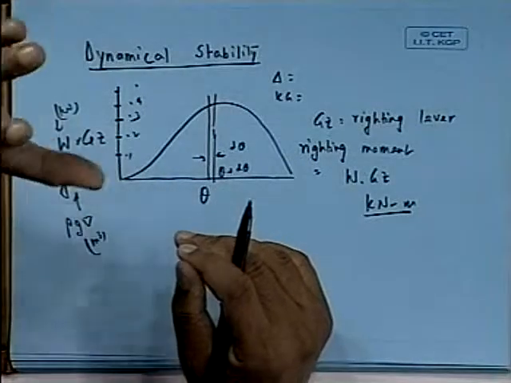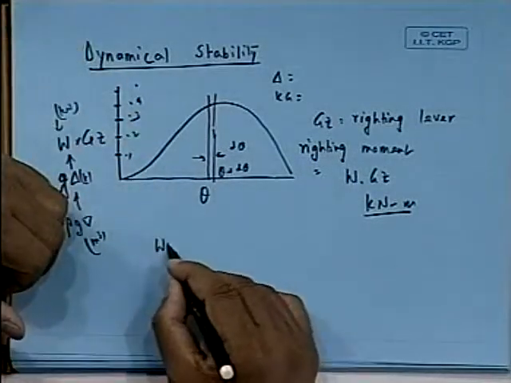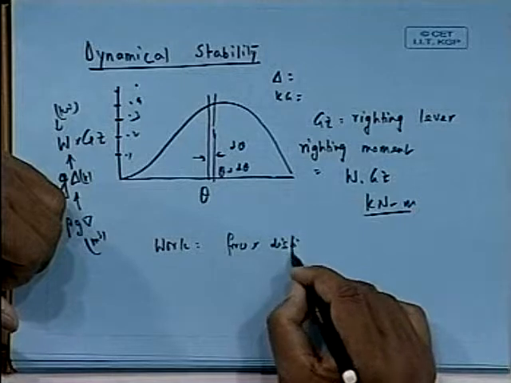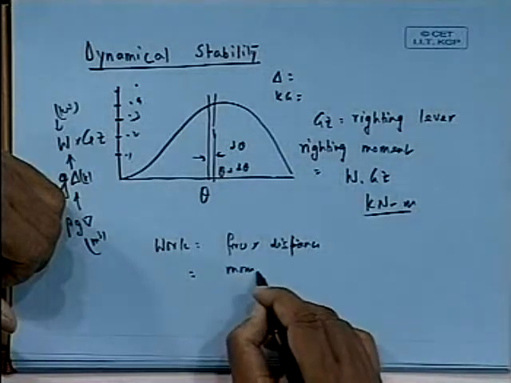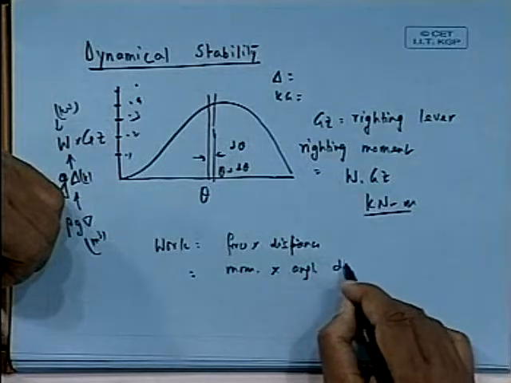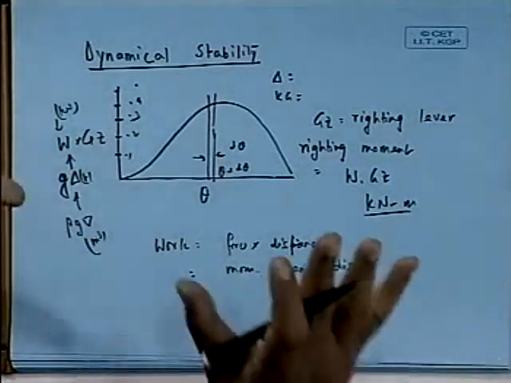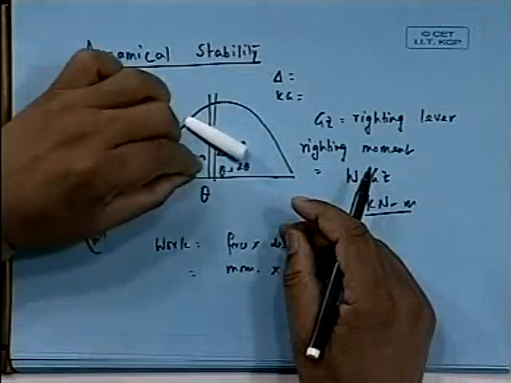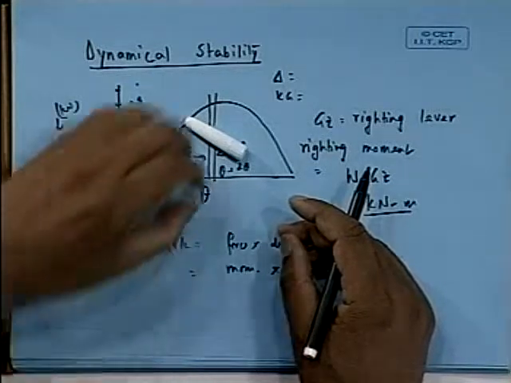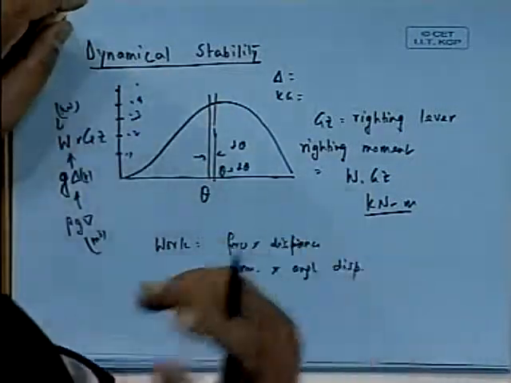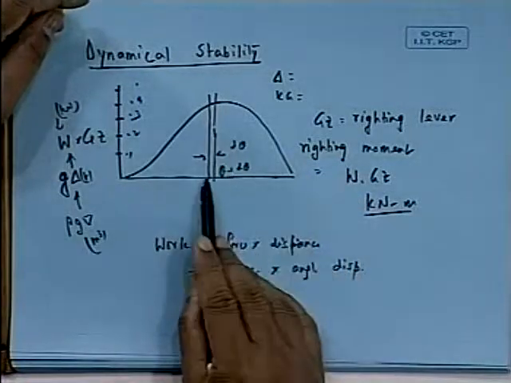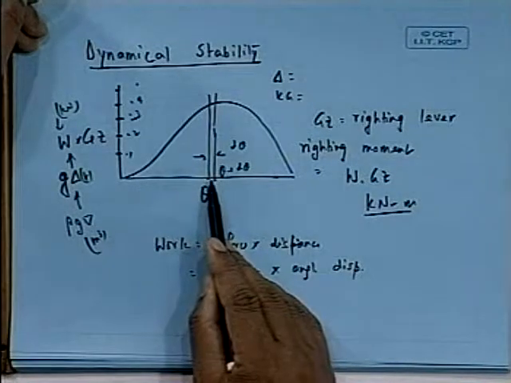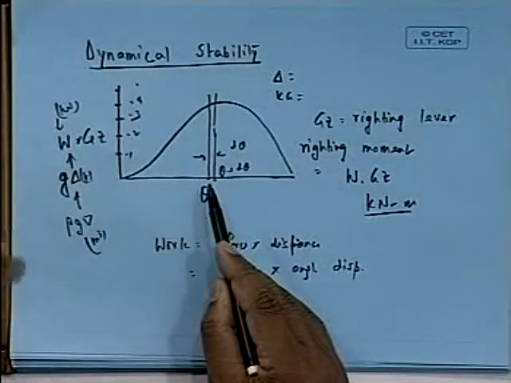So the energy or the work that is done, see, work done is always force into distance, or moment into angular displacement, which is the same thing. That is by definition. If I take a weight and try to shift it, the work that I have to do is the force that I am applying and the distance I am moving. Now whenever I am trying to move the ship from this angle to this angle, I have to work against the restoring moment, because the restoring moment is at every point trying to bring it back.